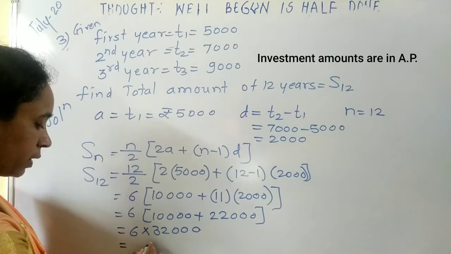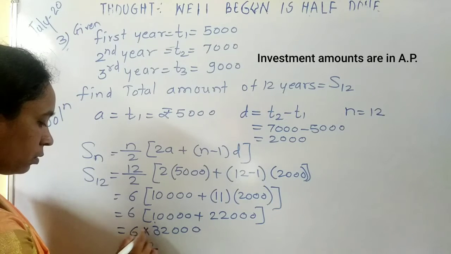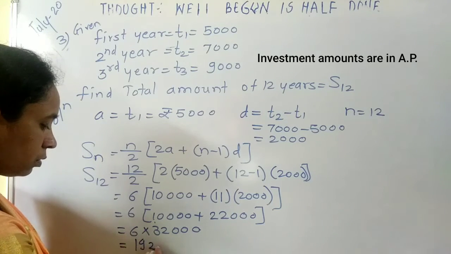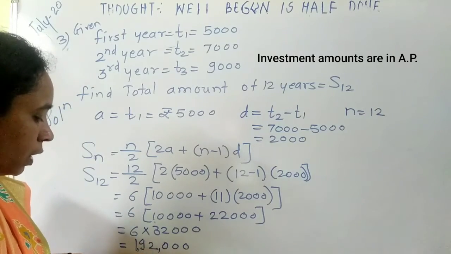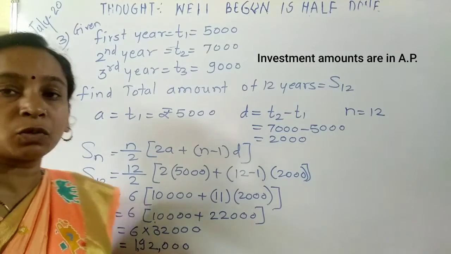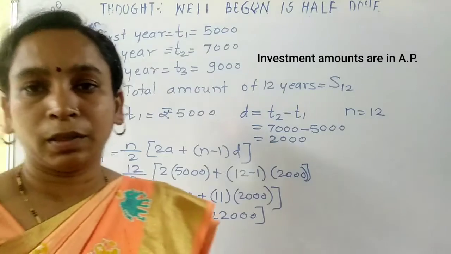After multiplication we will get the answer 1,92,000. It is the total amount of 12 years.